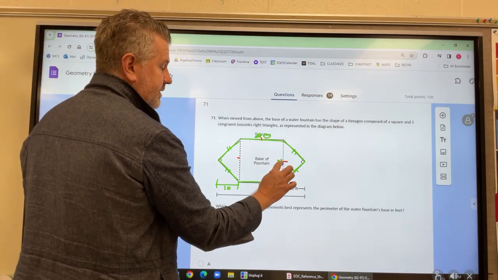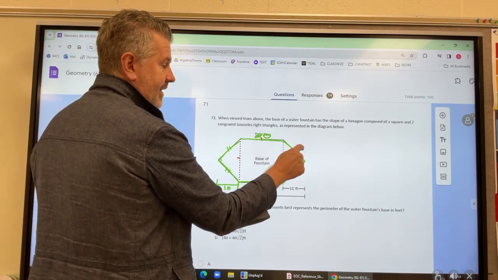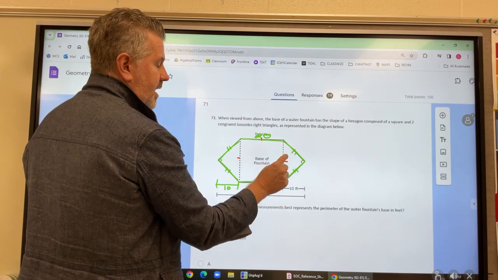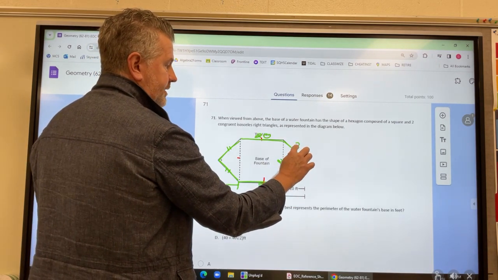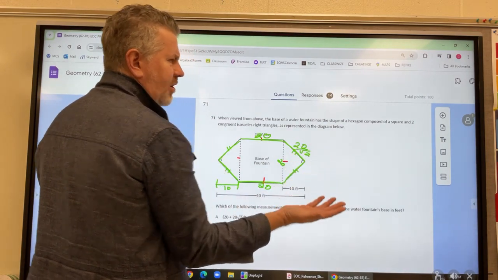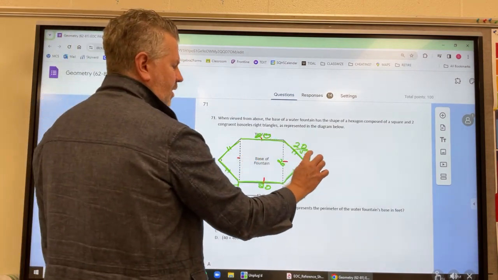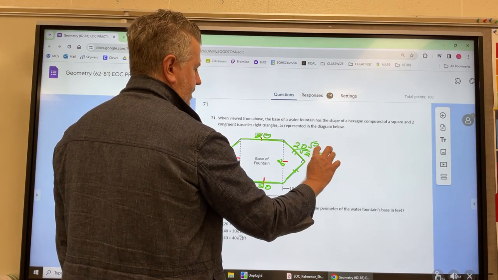And since this is 20, we don't need that, but we're going to use it to get this. So in a 45, 45, 90, which is what this is, we're going to divide by the square root of 2 to get here. So 20 divided by the square root of 2. Now we haven't really talked about this a lot because it's that old algebra skill, but we can't leave that on the bottom, so we're going to multiply top and bottom by root 2.